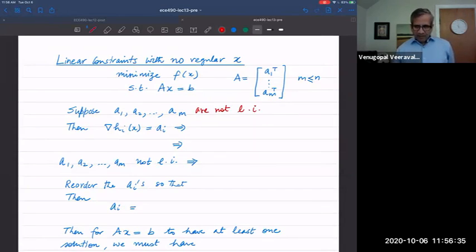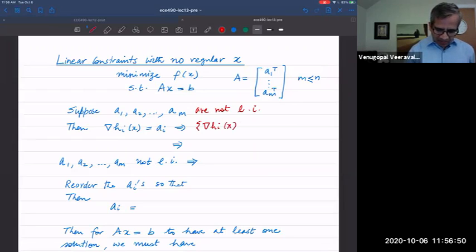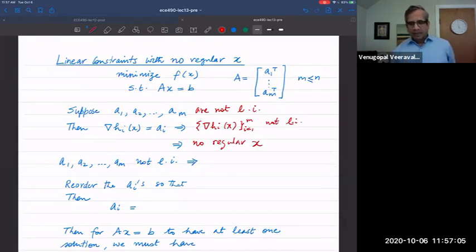So if they're not linearly independent, then we know that the gradients of h at x, for any x that you could possibly consider, are not linearly independent. So there's no regular x. So since there's no regular x, we can't apply the Lagrange multiplier theorem.